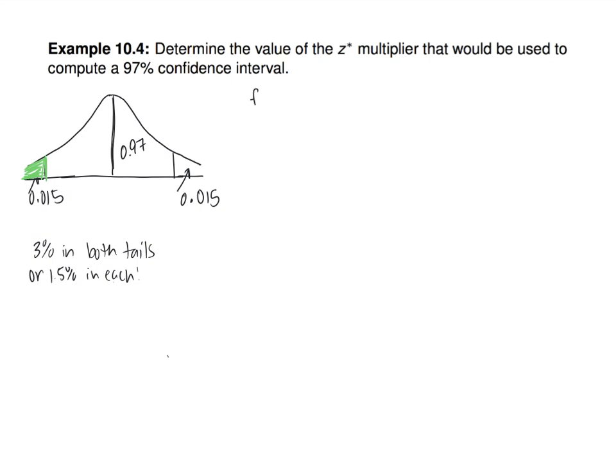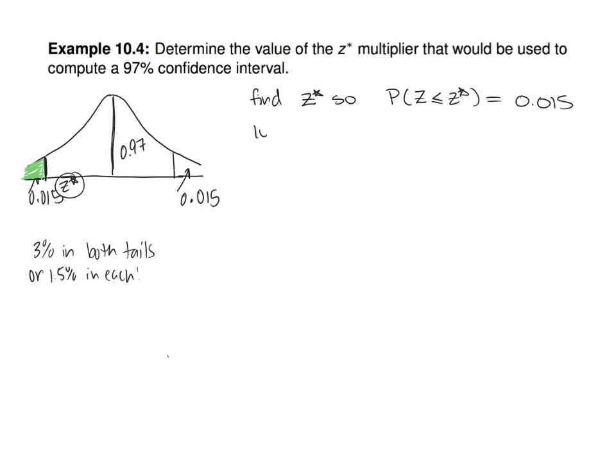So we want to find the z so that the probability that our variable z, call this z star, the probability that z is less than or equal to that z star is equal to 0.015. So that number right there is z star.